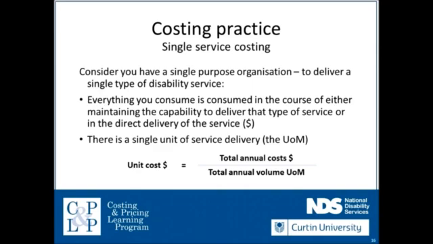Everything you consume is consumed in the course of either maintaining the capability to deliver a service or in the direct delivery of services, and this is a really important consideration to take up. When we talk about expenses, we're actually talking about all of the things that are consumed in order to deliver a service or to maintain the capability or capacity to deliver a service.